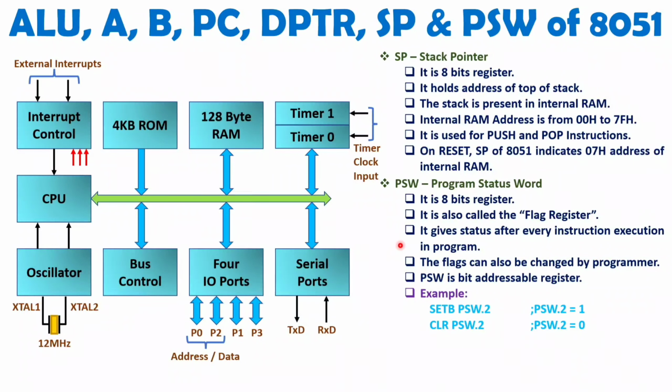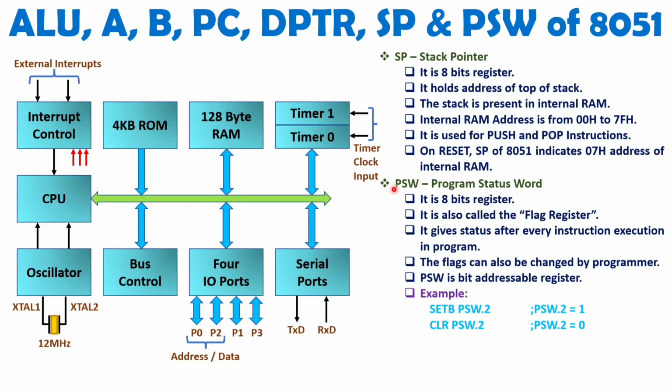Here, just understand one thing. PSW has a size of 8 bits. It holds the status of the program and it changes after every instruction execution. We can also change the status of a flag by executing instructions like SETB PSW.2, CLR PSW.2. So here we are setting this bit, we are clearing this bit.